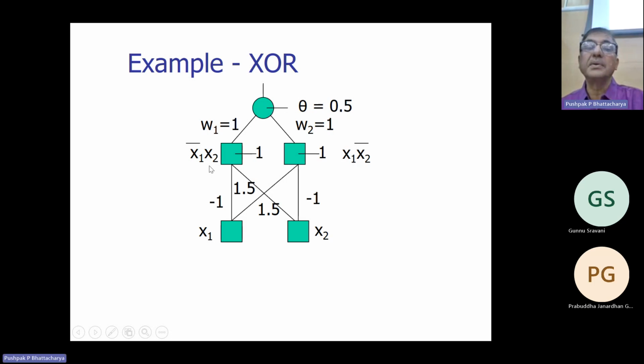Or is it that they are computing x1 plus x2 in one of the neurons, and the other neuron is computing NAND, x1 x2 bar? This you will have to find out after backpropagation has succeeded in training the network for XOR.